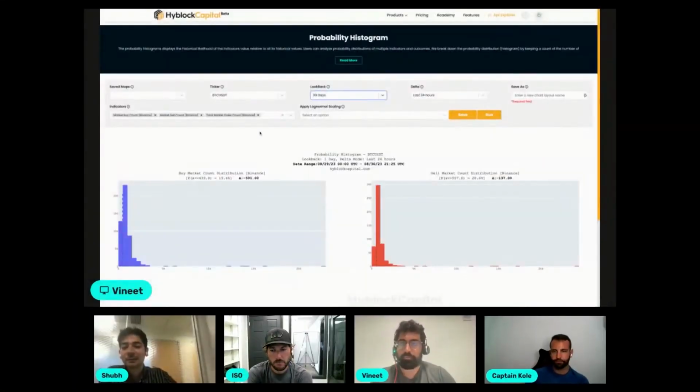Yeah. So the probability histogram is a tool which comes across as pretty complex when you first look at it, but it's actually not that complex. Maybe I'll start with some theory for background. A lot of times, whether it's indicators or real life, people give an indicator with its average.